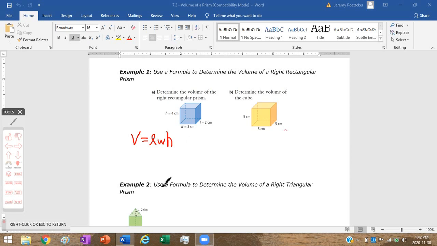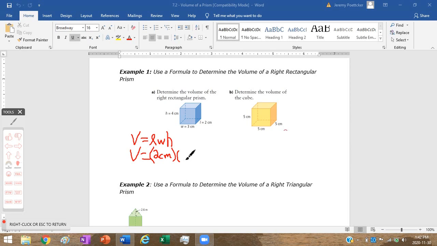Okay, so here, volume equals length, and here they're being quite nice to us, the length is 2 centimeters. And the way I am always going to write this, whether it's on a computer screen or on a whiteboard, the 2 centimeters goes in brackets and it's sandwiched right next to another set of brackets.